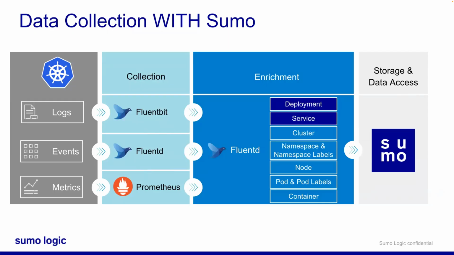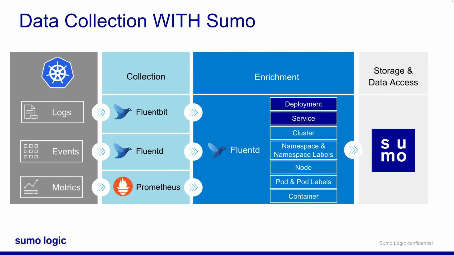All of these are open source data collectors maintained by the Cloud Native Computing Foundation. We're utilizing open source tooling for collection and data enrichment. And that's quite ideal given that these collectors receive a lot of community support and typically have integrations for any type of data that you might want to collect.